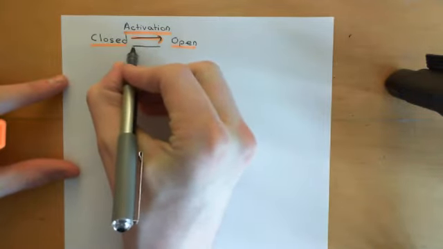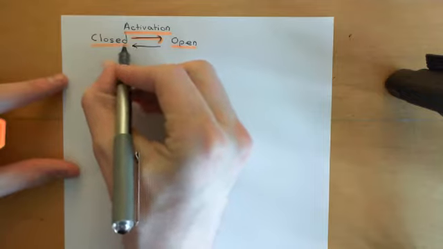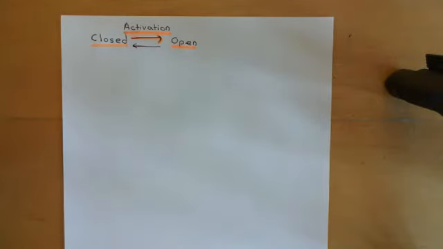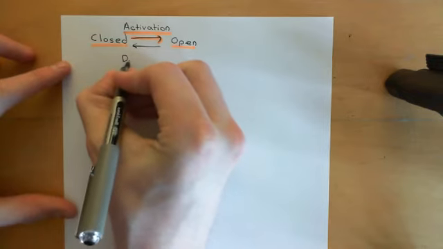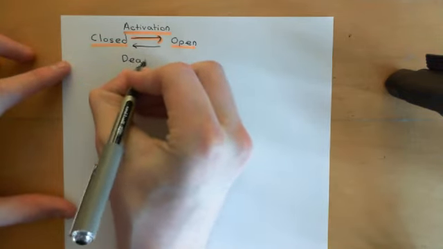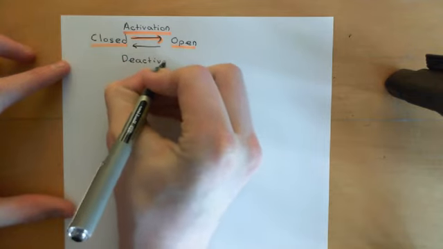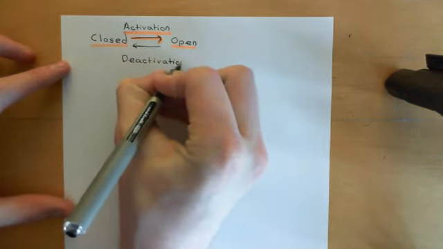Then you can return it back from the open state to the closed state just by closing the S6 alpha helices once again, so getting them to re-impede the internal aspect of the pore. That process of taking the channel from the open state to the closed state is not called inactivation, it's called deactivation.